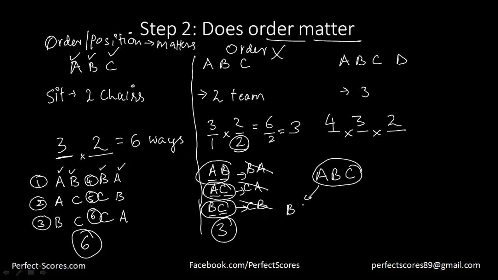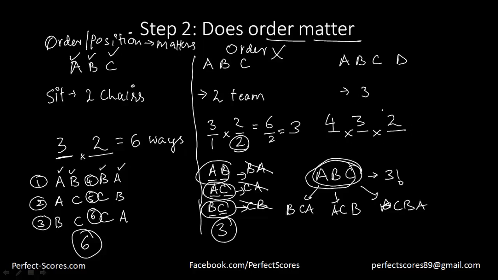That can be BCA, that can be ACB, that can be CBA, so many different versions. How many different versions of ABC will I get? Yes, I will get 3 factorial different versions of ABC, because ABC can arrange itself in 3 factorial ways.